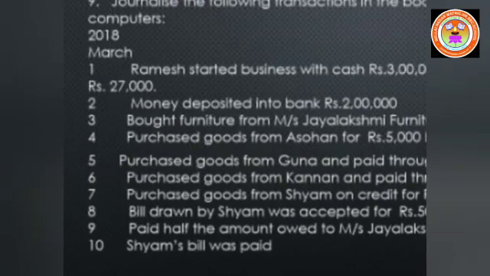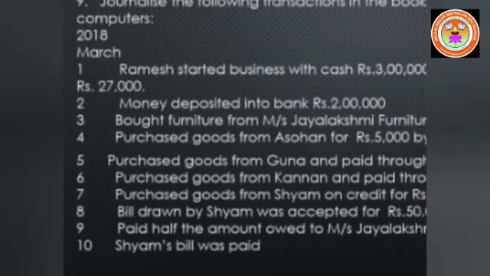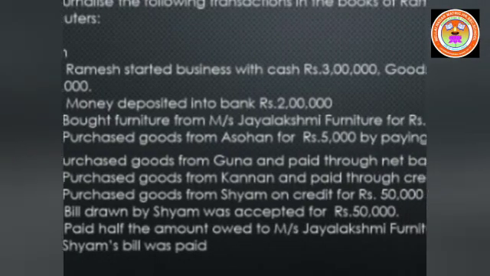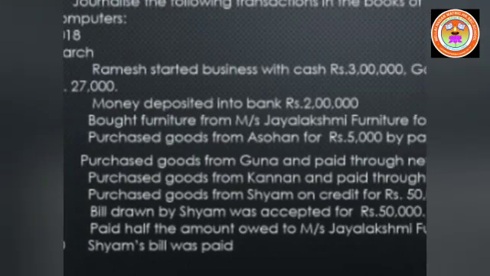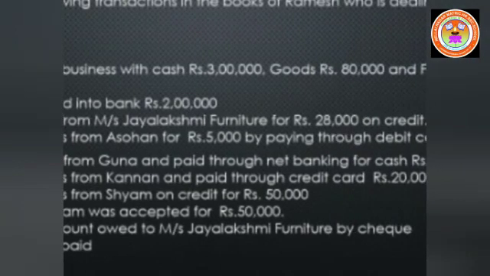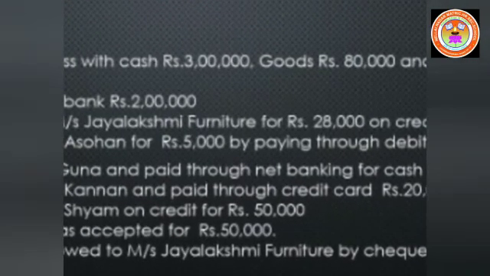Till now, up to March 8, Ramesh hasn't paid any money for that. March 9, he pays half of the amount. Out of the 28,000 he bought from Messrs. Jayalakshmi Furniture, on March 9 he is paying 14,000.